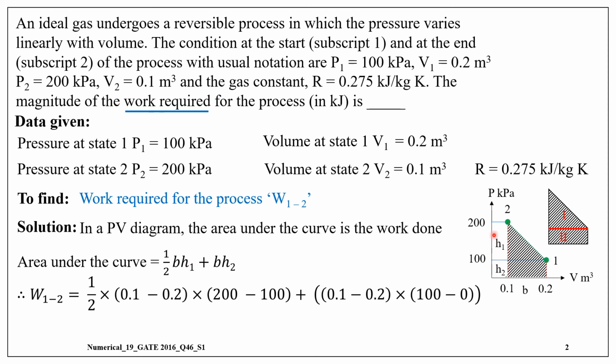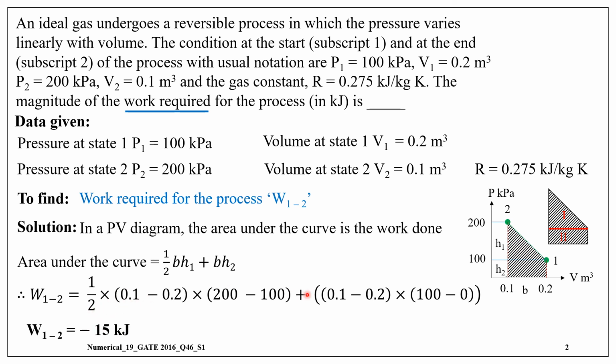H1 is equal to pressure at state 2 minus the pressure at state 1, that is 200 minus 100, plus, instead of B, final volume minus initial volume multiplied by H2, which is 100, that is the pressure at state 1 minus 0. So here the pressure is 0. Calculation of this one yields W1-2 is equal to minus 15 kilojoules.